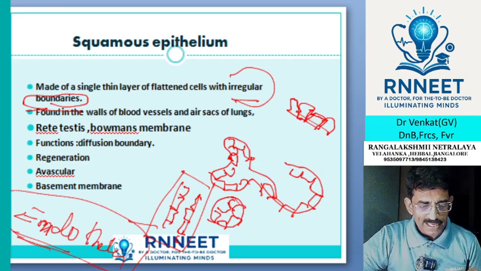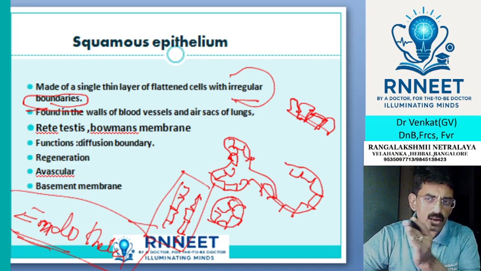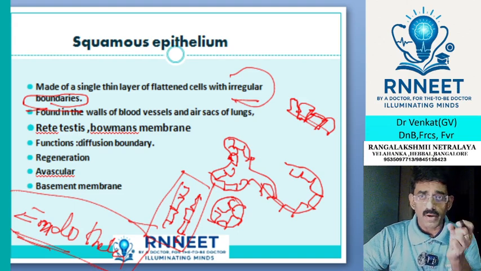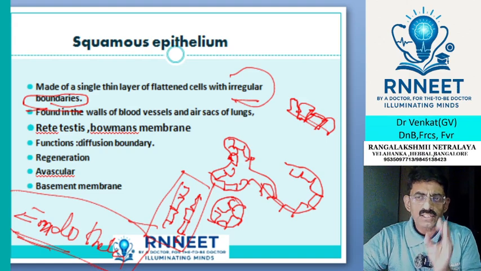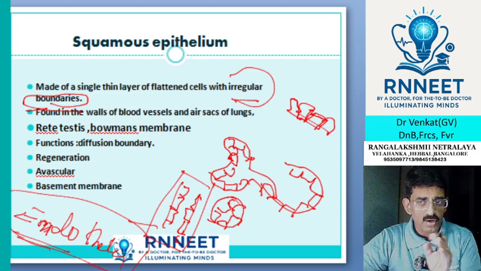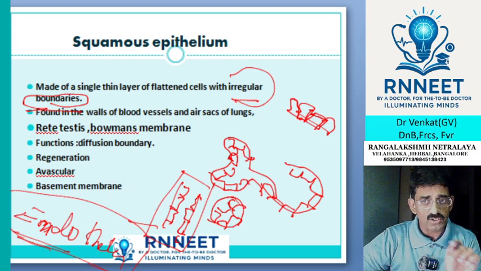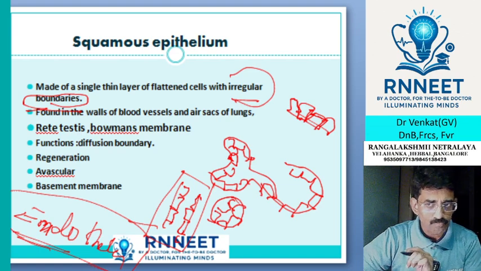Then what is another important feature you need to know? What is their main function? Because they are a single layer, obviously they cannot be for maintaining thickness or strength, because for that you need more layers. They are simple single layers because they allow passage. Look at it: air sacs allow passage of oxygen and carbon dioxide on either side.